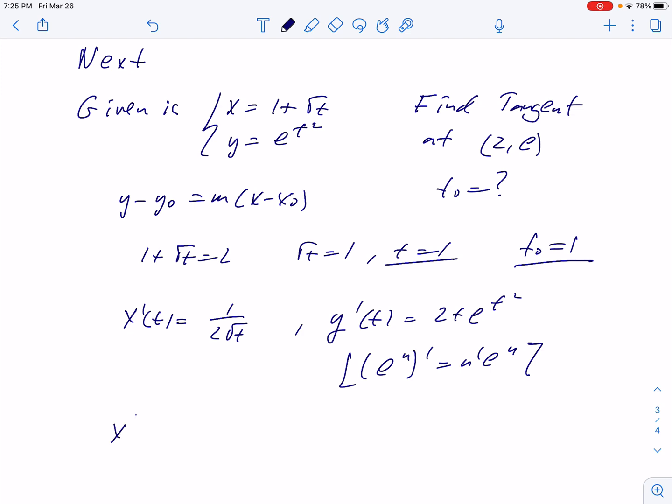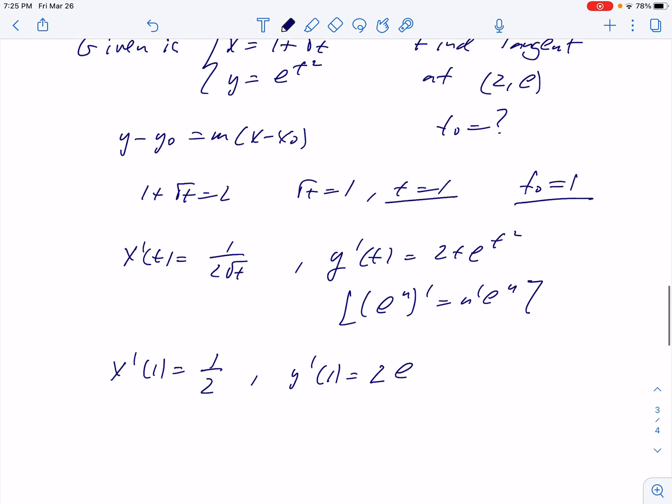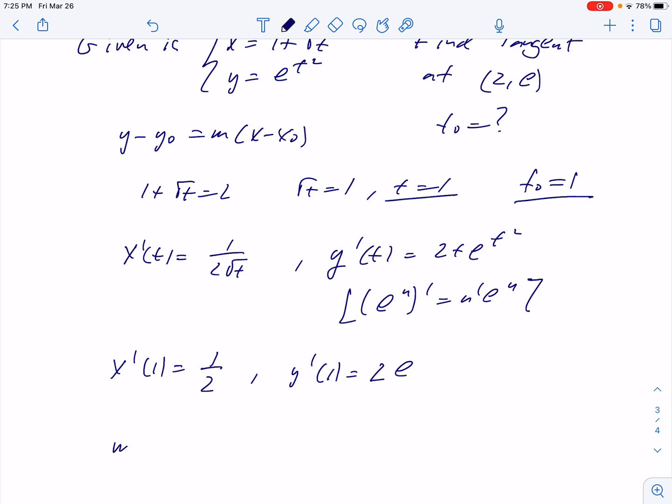Now, x prime of 1, evaluating at t0, will be 1 half. y prime of 1, plugging in 1, we get just 2e. The slope, y prime 1 over x prime 1, will be 2e divided by 1 half, so this will be 4e.